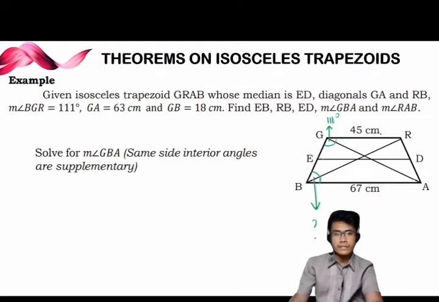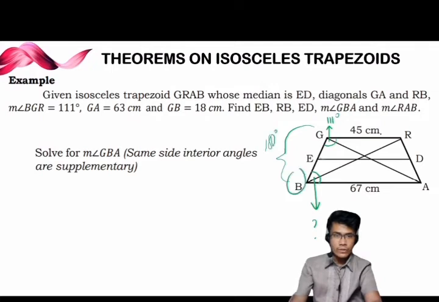Now, as you can see, it is an isosceles trapezoid, which is a trapezoid. We can relate this concept to parallel lines cut by a transversal. According to parallel lines cut by a transversal, same side interior angles are supplementary. Meaning to say, when you add the two angles, the result is 180 degrees.